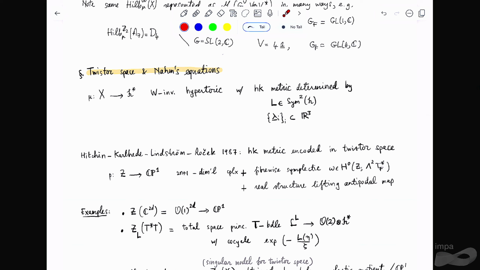First of all, we need a twistor space, a 2n plus 1 dimensional complex manifold with a holomorphic projection to CP1 and a fiberwise O(2)-valued symplectic form, and then a real structure that lifts the antipodal map on CP1 and under which omega is invariant.